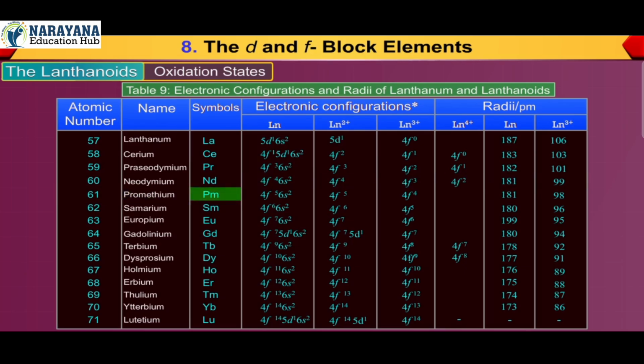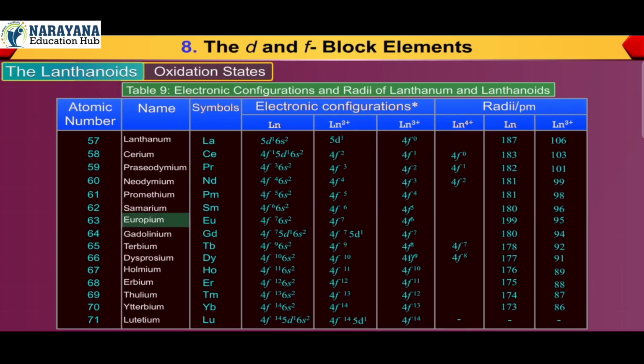Promethium, Pm, 4f5 6s2, 4f5, 4f4, 181, 98. 62. Samarium, Sm, 4f6 6s2, 4f6, 4f5, 180, 96.